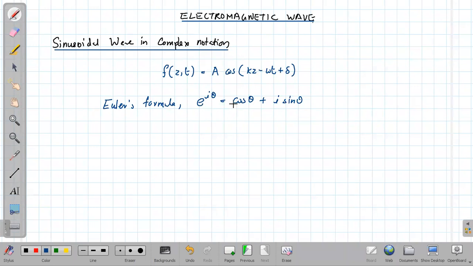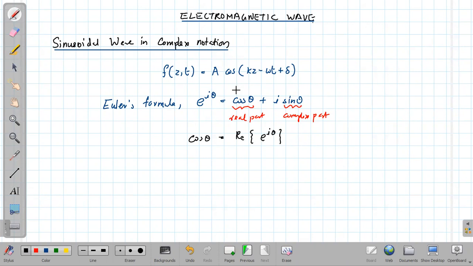So e raised to i theta can be divided into two parts, a real part, which is cos theta, and an imaginary part, which is sin theta. Therefore, from Euler's formula, we can write cos theta as the real part of e raised to i theta.